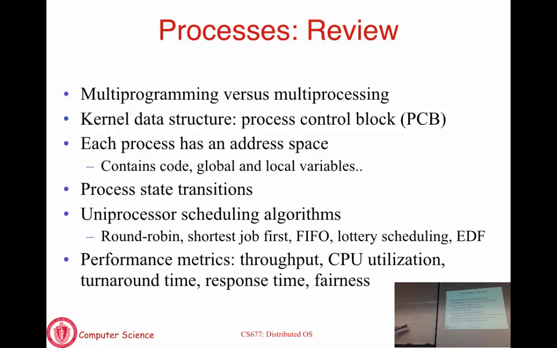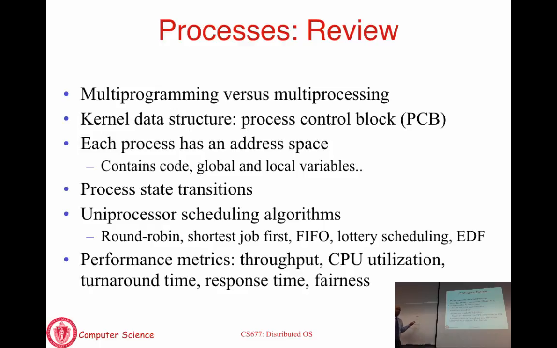Our process is going to have some variables and some data structures associated with it. Those would either be stored in the stack or the heap. Heap is dynamically allocated memory. Dynamically allocated structures go in the heap. If you run malloc or new or anything like that, it's going to go in the heap. Any statically allocated data structures, local variables, global variables, they will go in the stack.